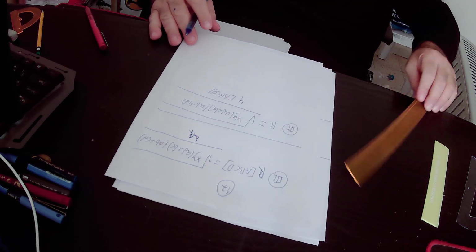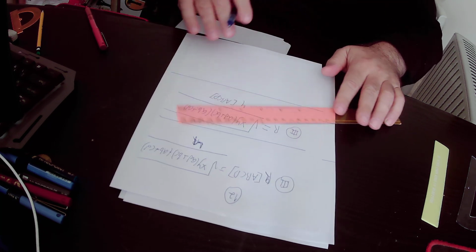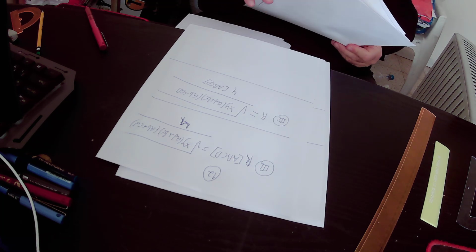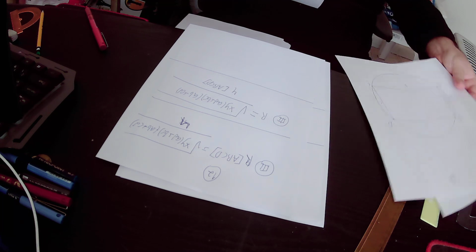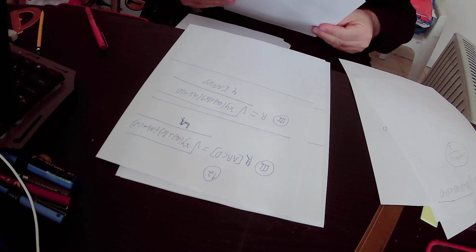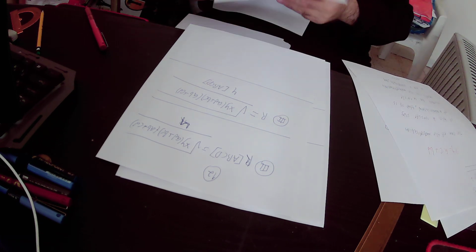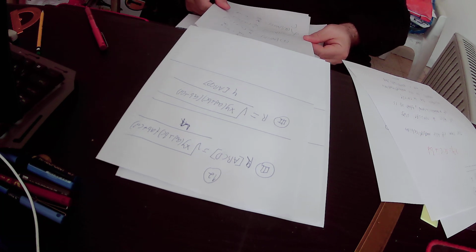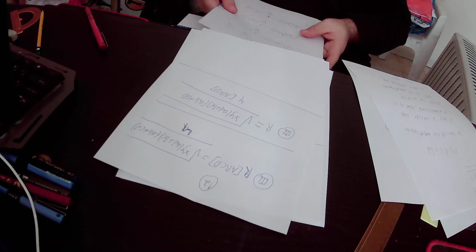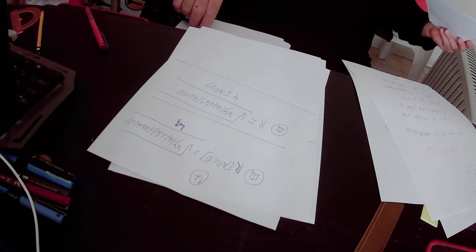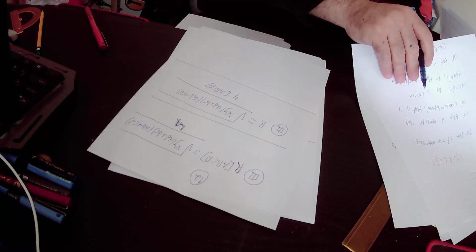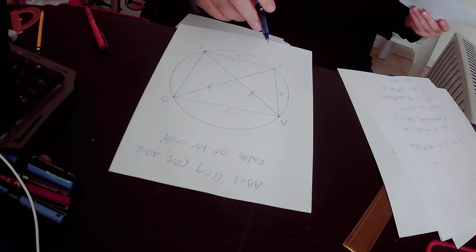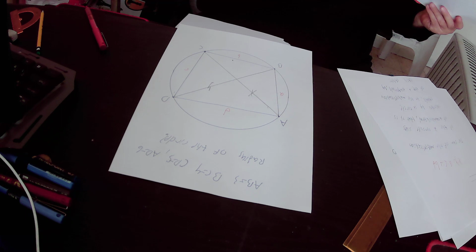Okay. First of all, what is x times y? According to rule number 2, x times y equals AC plus BD.